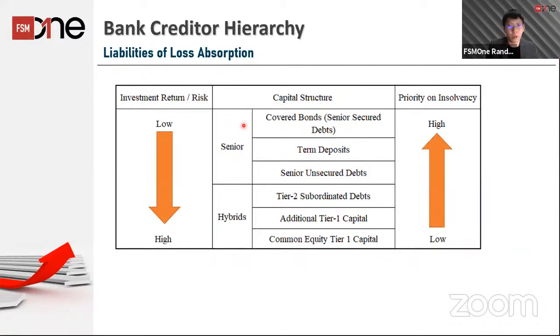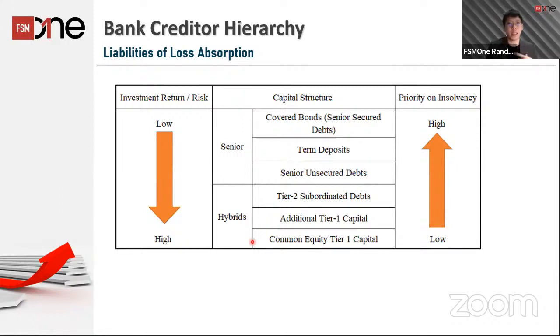All of this capital structure here represents the liabilities of the banks. They categorize it into senior capital and hybrid capital. Senior capital are liabilities like senior secured bonds, term deposits, and some senior unsecured debt. Hybrid capital is categorized as Tier 2 subordinated debt, which we call T2, additional Tier 1 capital, which we call AT1, and the CET1 capital, the common equity Tier 1.